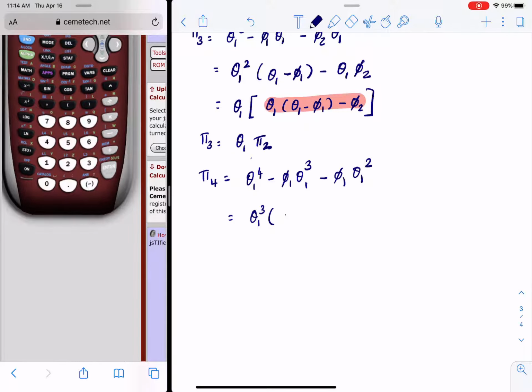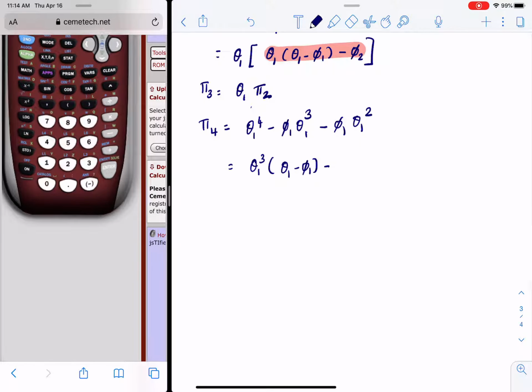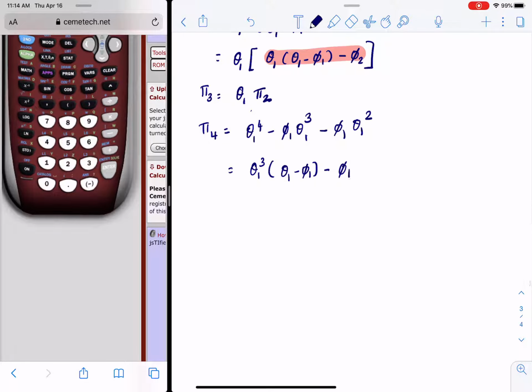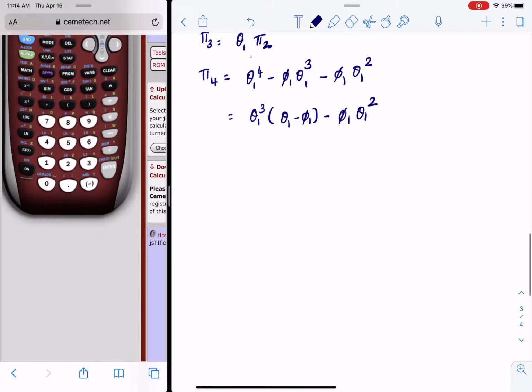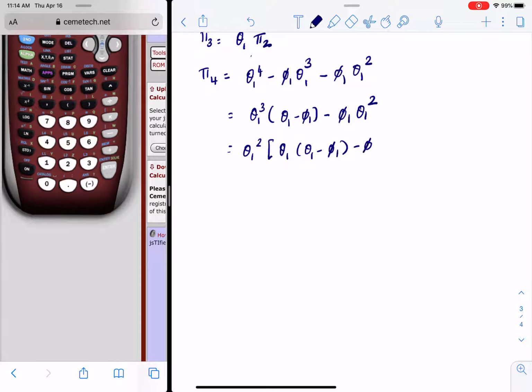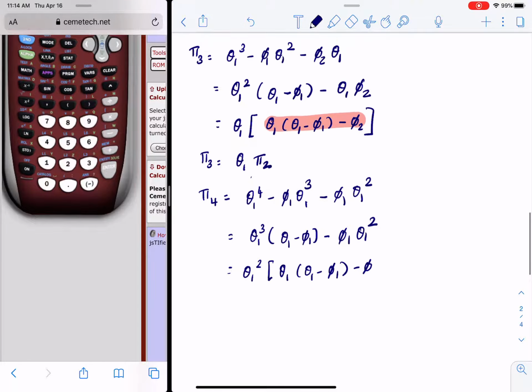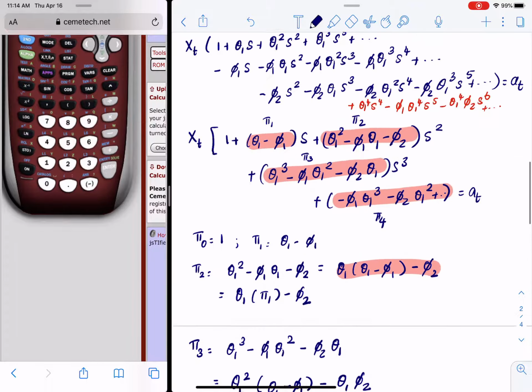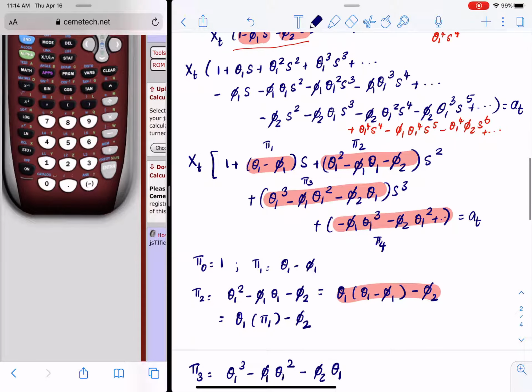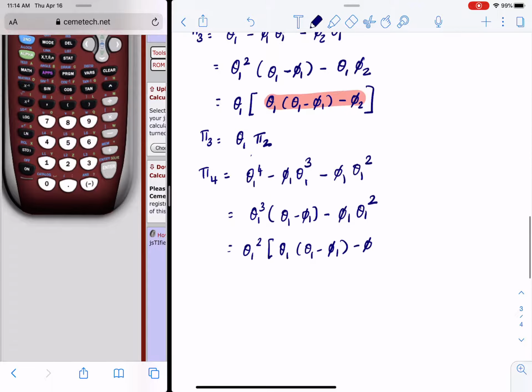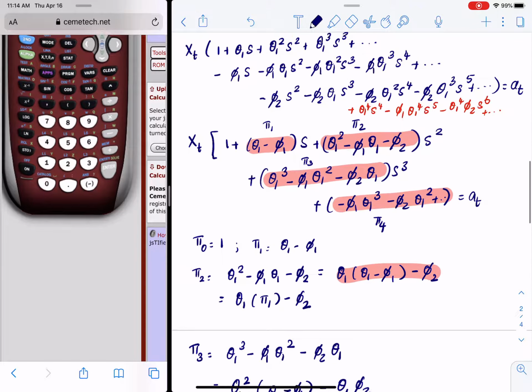So if I pull that out, I would have theta 1 minus phi 1 minus phi 1 theta 1 squared. And if I pull theta 1 squared out, I'd have theta 1 times theta 1 minus phi 1 minus phi, I believe that should be a phi 2. Yes, it's phi 2. So it's right here.